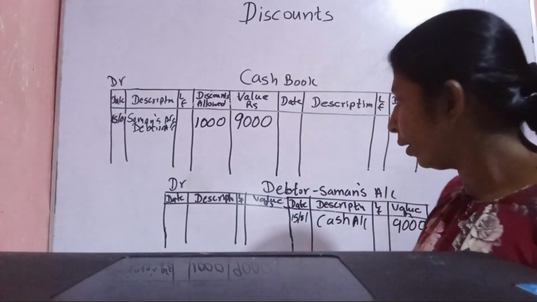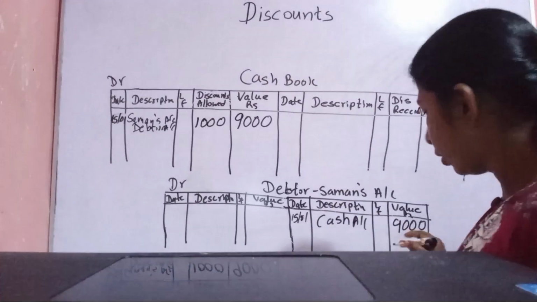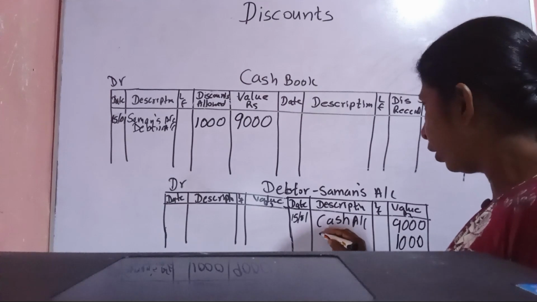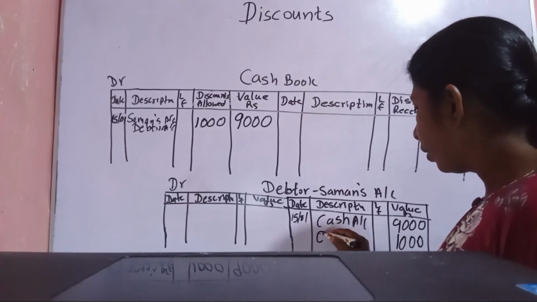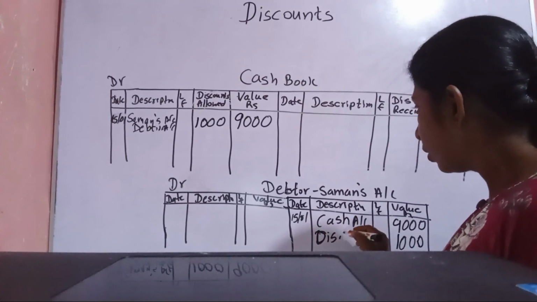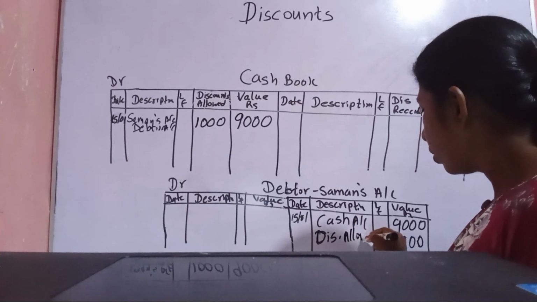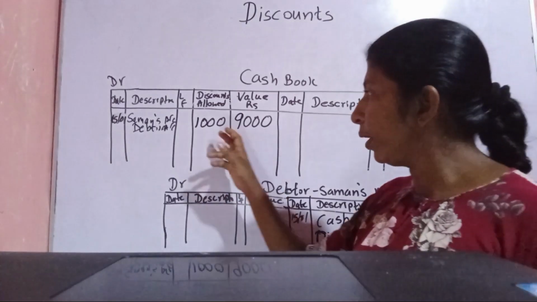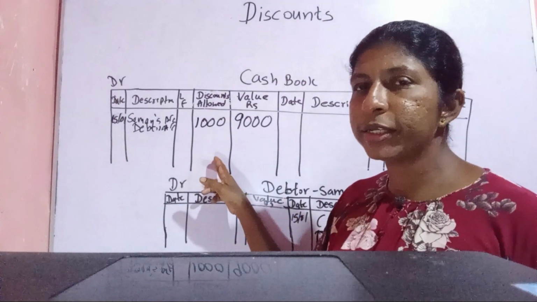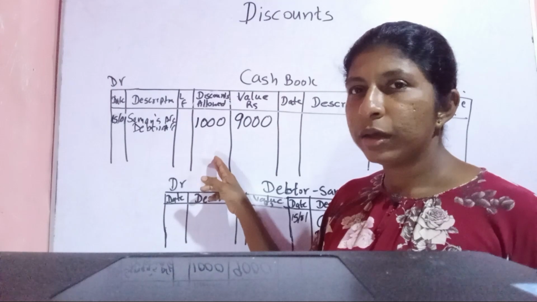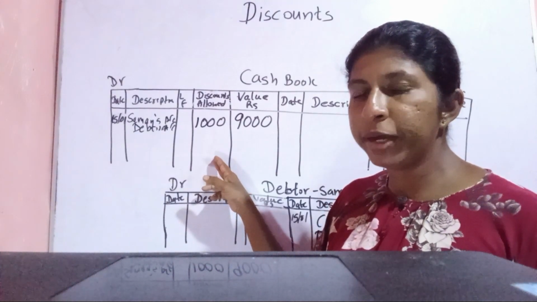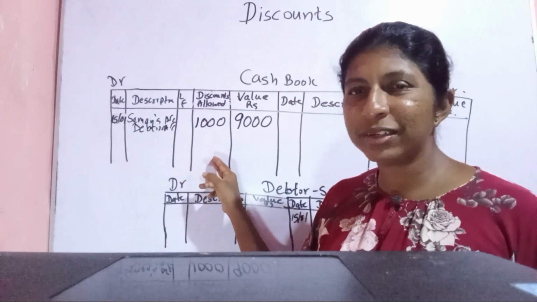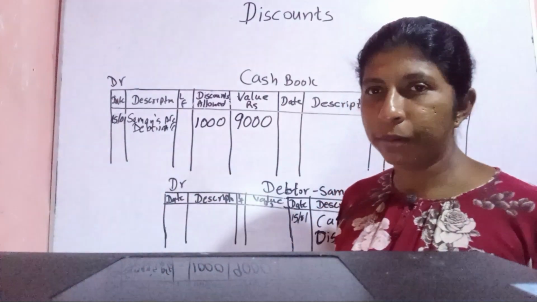And you go and credit here 1,000 in Saman's account and write discount allowed. You remember that at the end of the period we will get the total of the discount allowed column and straightly we will debit that to the discount allowed account. That means your debit entry.